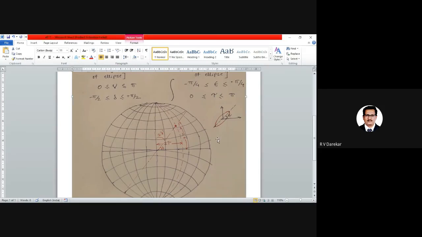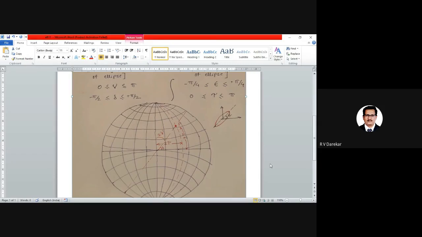Okay, this is the general consideration. It may happen that point P may be located here, wherever the cursor is now. The point P will be located here at the extreme end. The point P can be anywhere at this particular position. It may be at the top of the sphere, it may be at the bottom of the sphere.